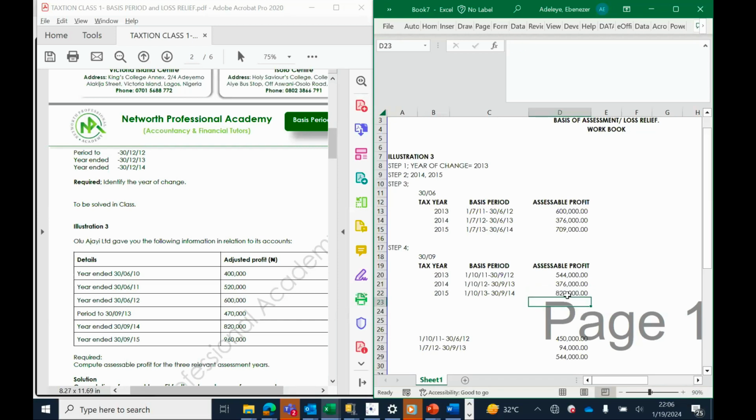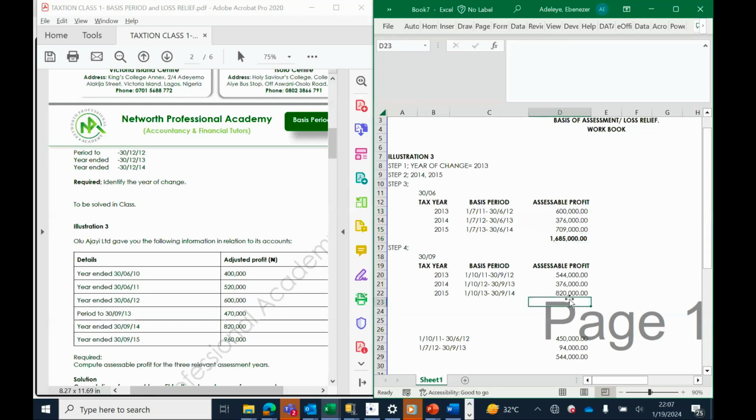Now, step 5 now says that we should sum up the accessible profit under each of the approaches. For your own exam, you have to use calculator. Am I communicating? Yes, sir. You know how to use your calculator to sum. So 600,000 plus this, it will give us this.